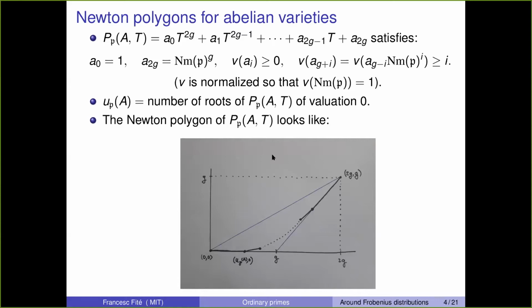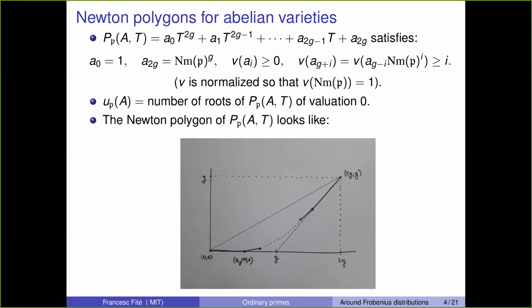And in terms of the Newton polygon, this tells us that it will have to lie above the segment that I drew in blue that connects the point g, 0 with the point 2g, g. So yeah, the Newton polygon is some convex polygon that lives inside the triangle which has blue sides on the picture.